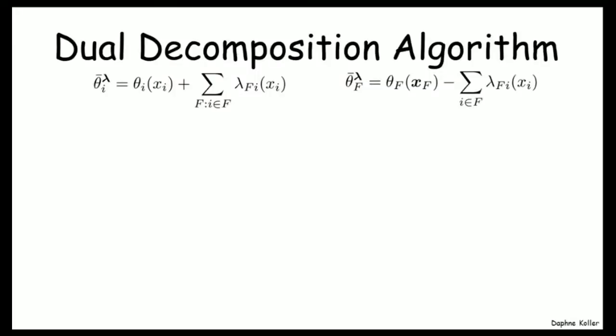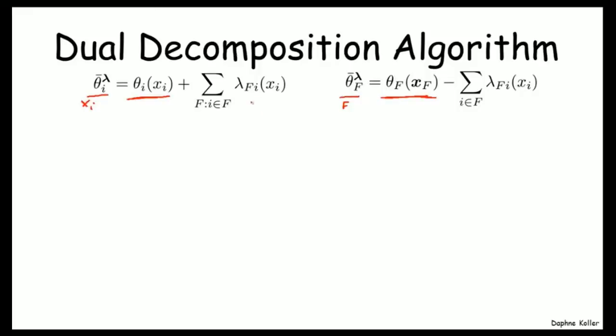What we have here is that each slave gets its own pet objective function. Here is the objective function for the ith slave, the slave corresponding to the variable xi. And here is the objective function that the slave corresponding to the larger set f is trying to optimize. Each of these initially has as a component its own local objective function that is assigned to it.